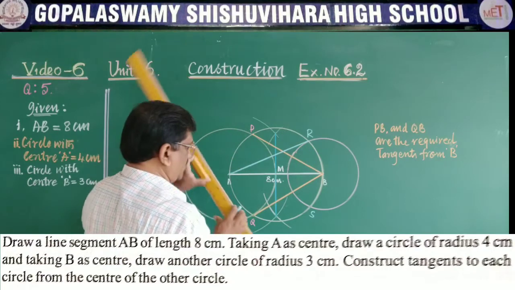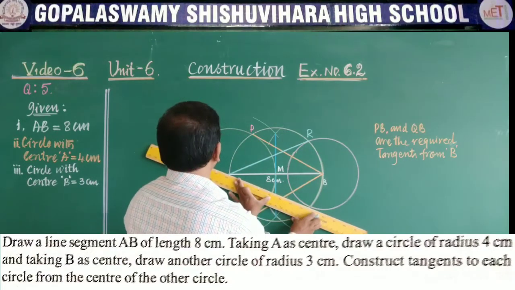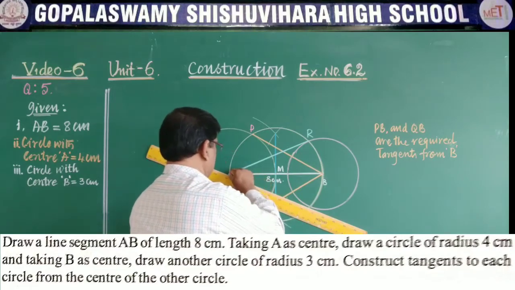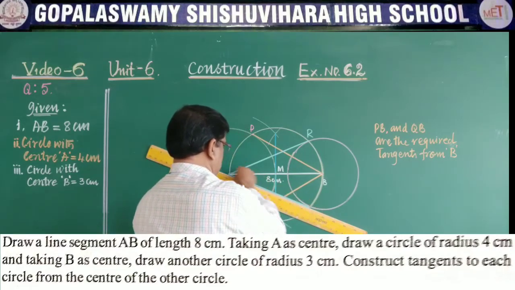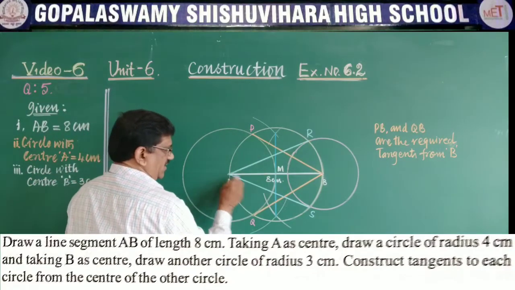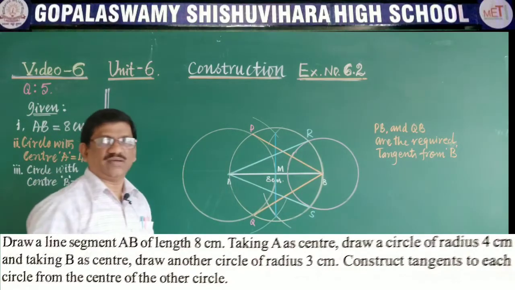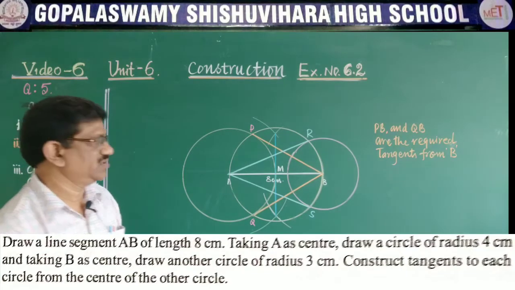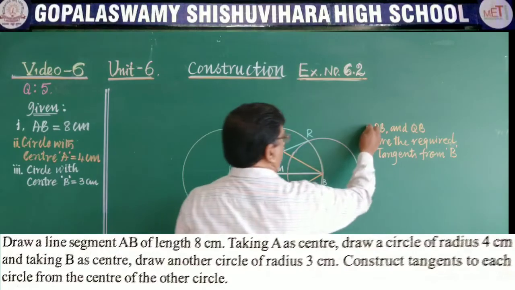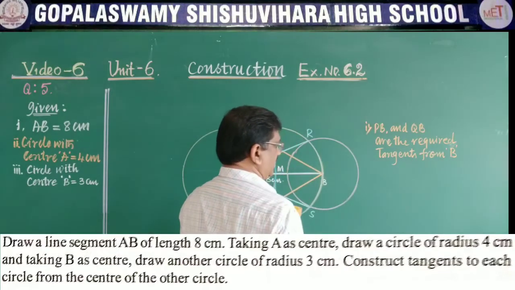Join AR and AS. So here AR and AS are the required tangents. Second, this is the first one. Second one.